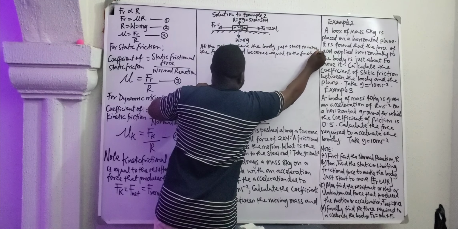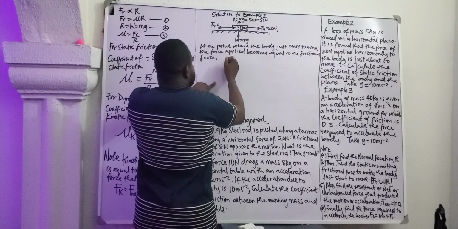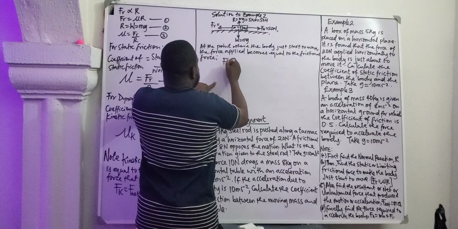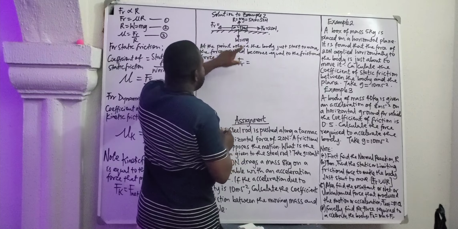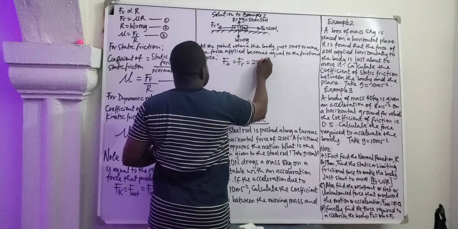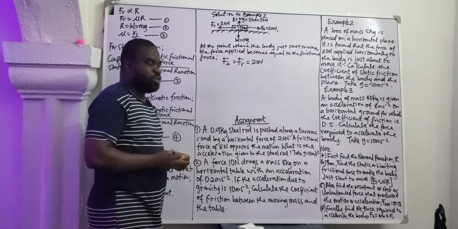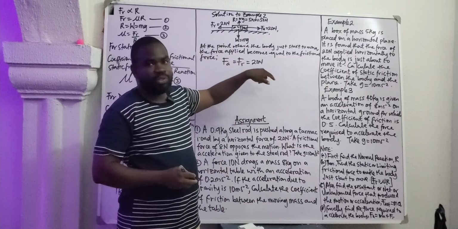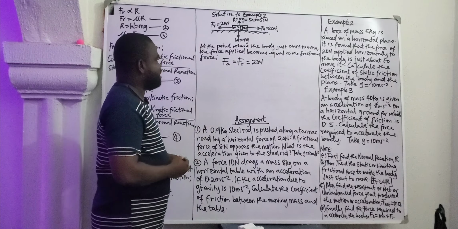So you see the way it translates the frictional force. I'm now saying that force applied, which is Fa, is also equal to the frictional force, which is Fr. Now, since force applied is 20, then frictional force is also what? 20 Newton. So both of them are equal. That is a static friction, which means if you are given the force applied for a static friction, it is the same thing as the frictional force. If you are given the frictional force for a static friction, it's the same thing as the force applied. That is the point I'm emphasizing here.